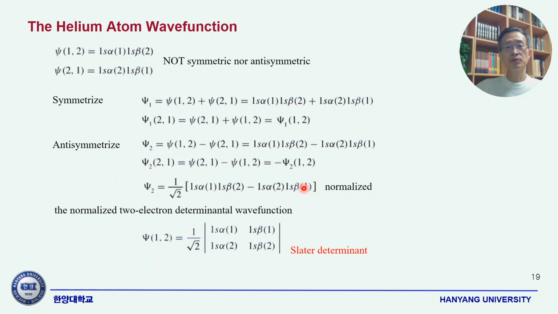So this could be represented in matrix form, I'm sorry, determinant form. So we call this a determinantal wave function, the same as this one. We just put it in a different way. And this determinant is the Slater determinant. So the Slater determinant is the multi-electron wave function, antisymmetrized.